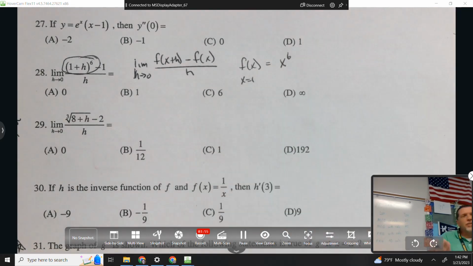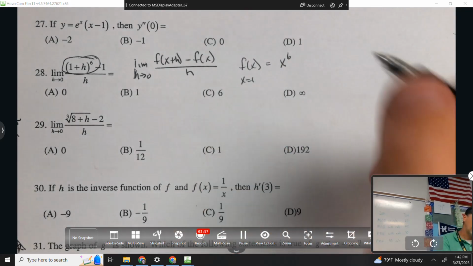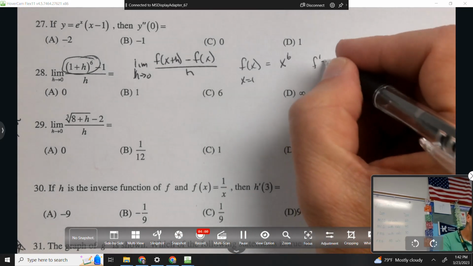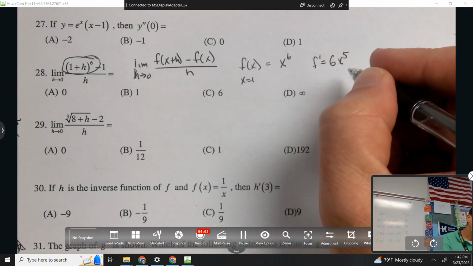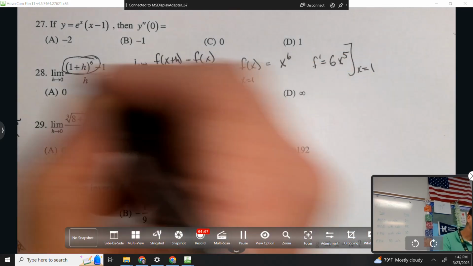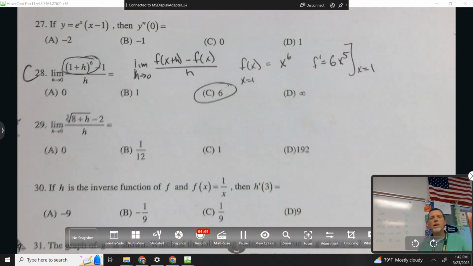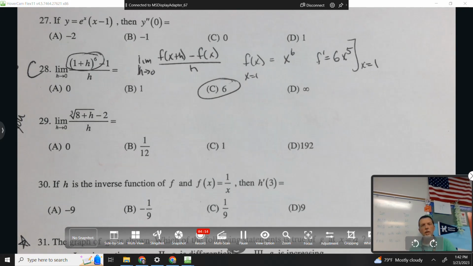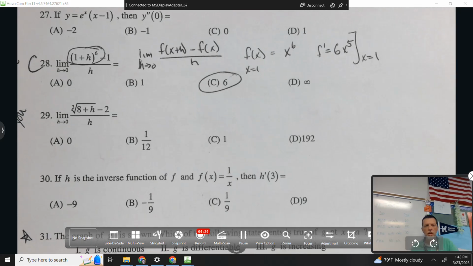Well, now it's an easy problem because I can do the derivative of x to the 6th. 6x to the 5th at x equals 1 would just be 6. So that one, like the computation is easy, but recognizing what they're wanting you to do is maybe the tricky one. Why don't you try 29? It's a really similar problem. See if you can match up who goes with what.